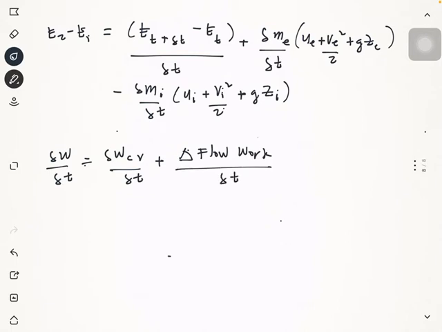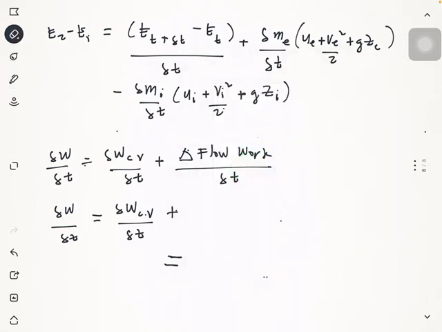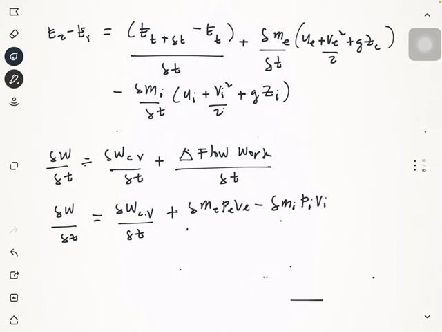Knowing the equation of work, this is equivalent to the work at the control volume plus the flow work, which is m_e p_e v_e minus m_i p_i v_i, over the differential of t.